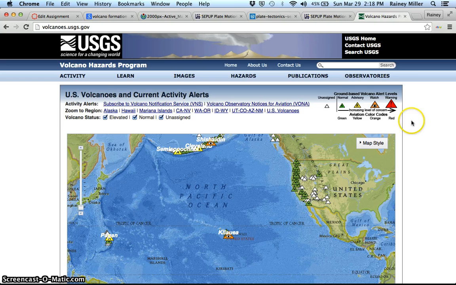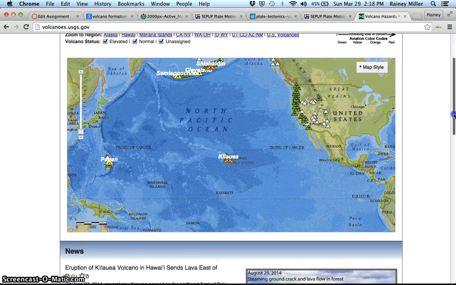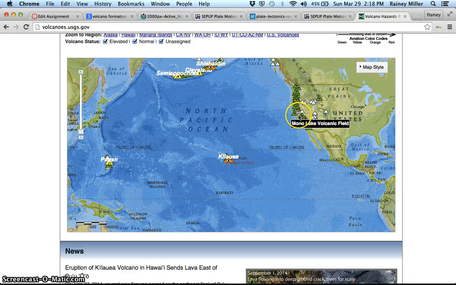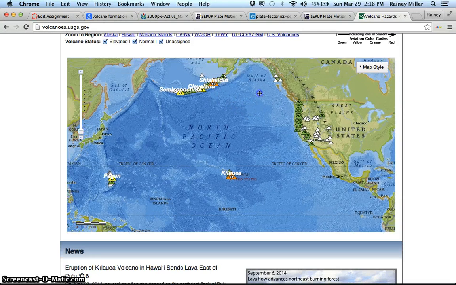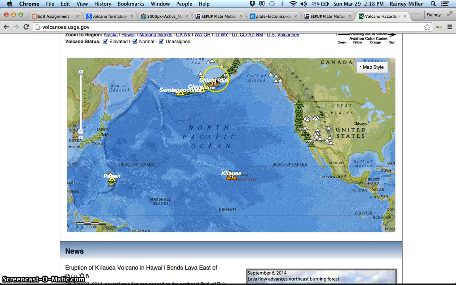Right here, I have a map of active volcanoes in the world. So you can see we have quite a few different ones that are being monitored here in the US. You can see that there's quite a few up here as well, quite a few in Alaska, all the way down.